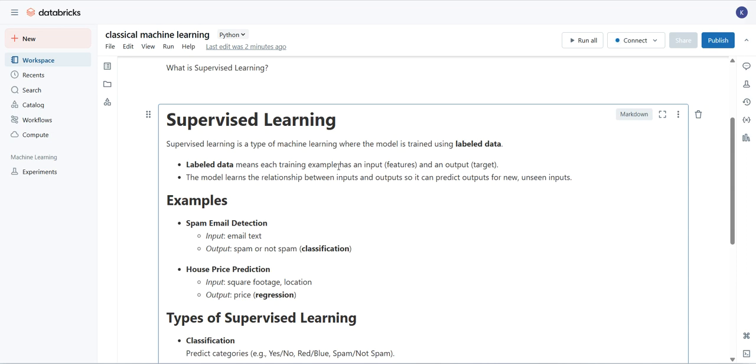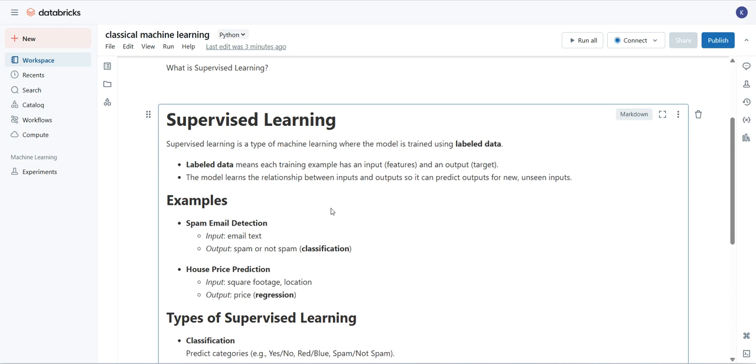So we can predict the house price. Spam or not spam is an example of classification.